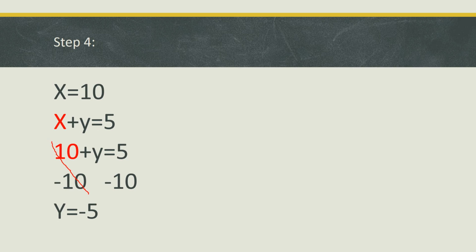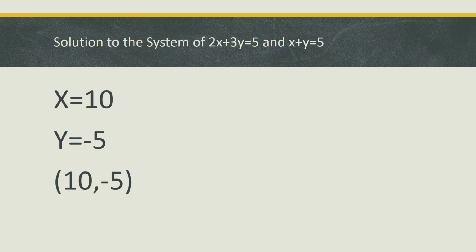The coordinate 10 and negative 5 is the point where our two equations cross each other on the coordinate plane. So as you can see, x is equal to 10 and y is equal to negative 5. And this is the way you will write it as a coordinate point.